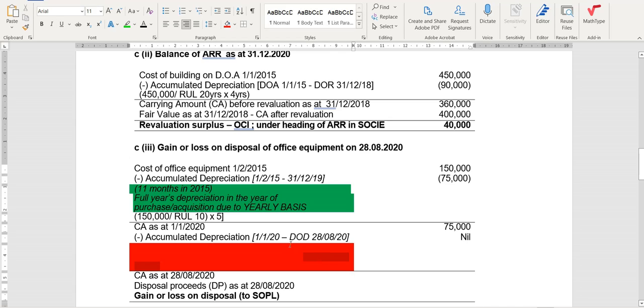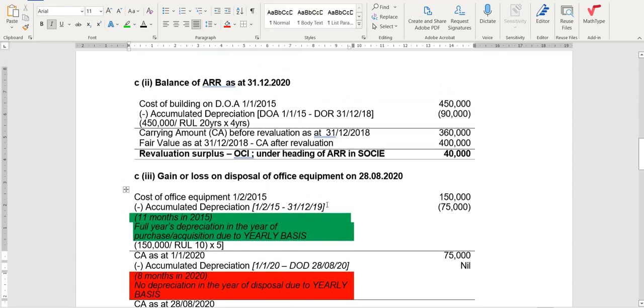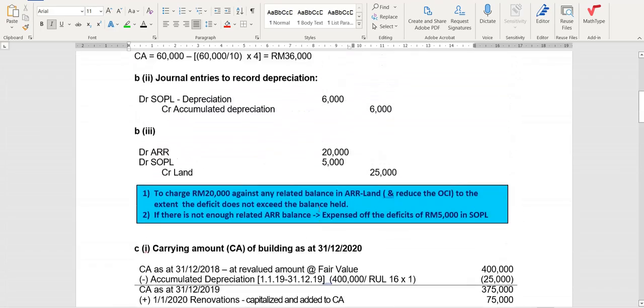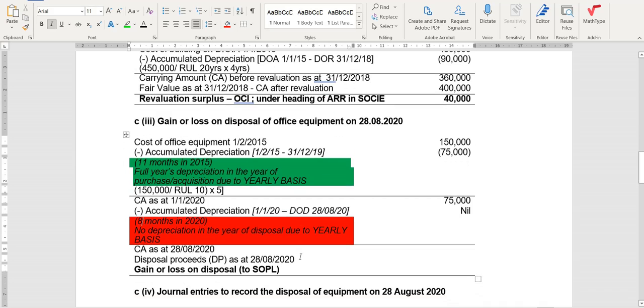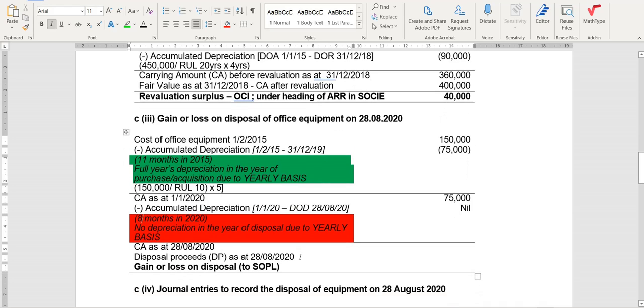No depreciation will be provided because it says there that no depreciation is provided in the year of disposal. Even though in the current year 2020 the asset is still with us for 8 months, we will not provide any depreciation because we adopt the yearly or full year depreciation. So therefore there is no depreciation.